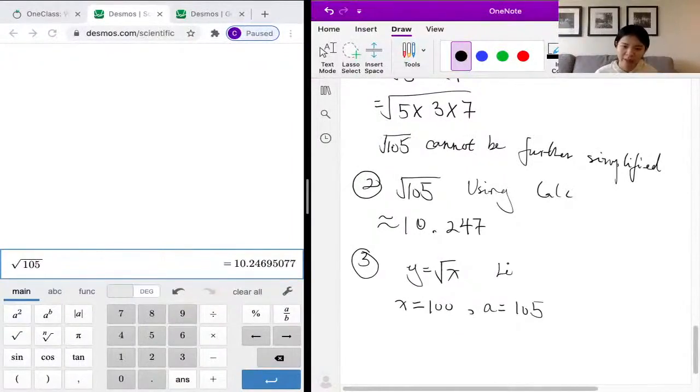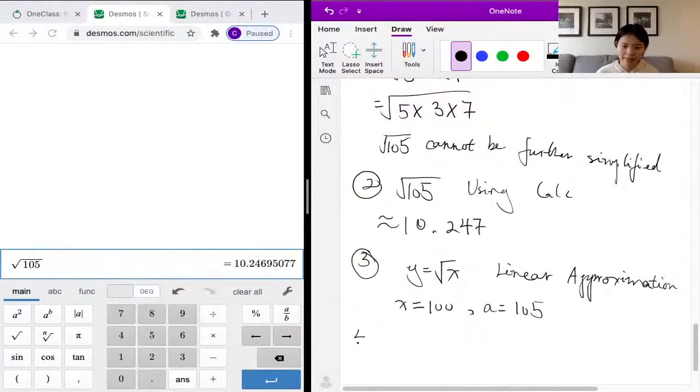I'm not going to do the entire process, but basically you can use linear approximation to approximate the value of the square root of 105 by hand. It is actually quite accurate, usually in most cases.